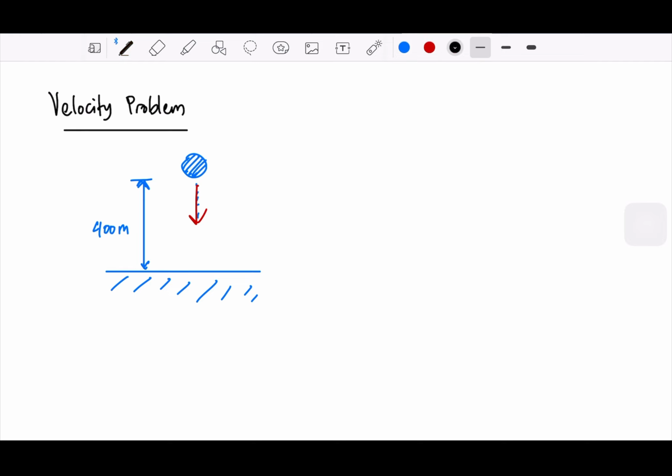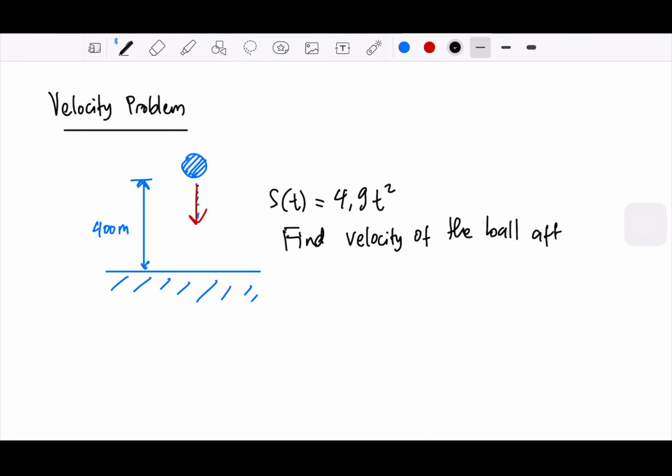And we know that there is an equation of the distance that depends on time. The question: find the velocity of the ball after 5 seconds.